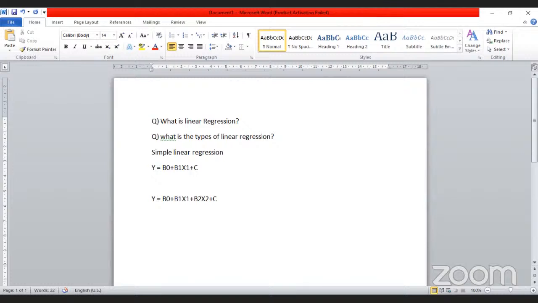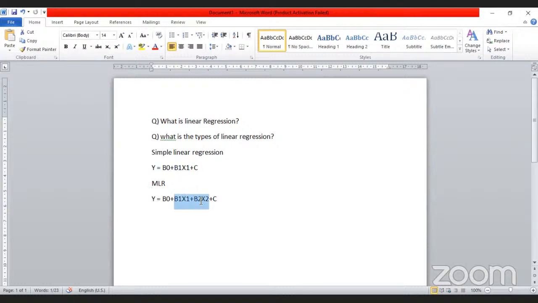This is the equation for MLR, which means multiple linear regression. What do you understand from this equation? When we talk about simple linear regression, here we have only one independent variable, only one input variable we can consider. And here we have more than one input variable.